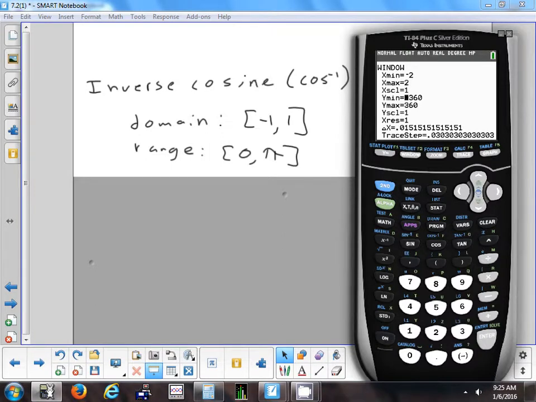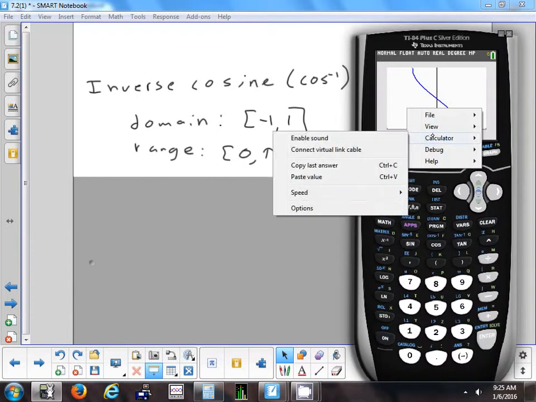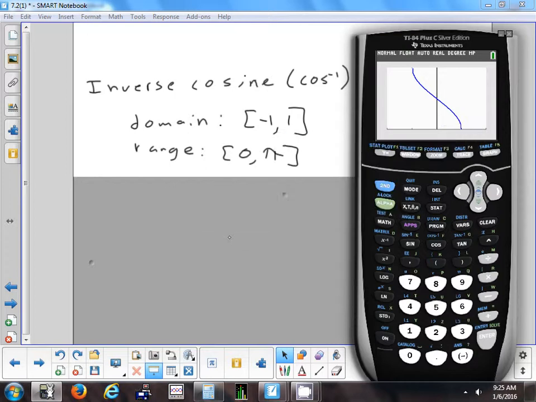And this time I'll set my range. I'm in degrees, so I'm going to go 0 to 180. And that's a graph of inverse cosine. And that's it. If you zoom out, you're not going to see anything more. That's the whole graph right there.